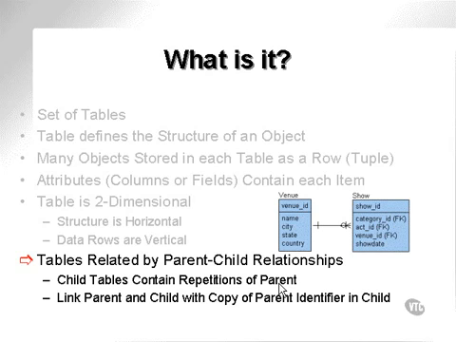The point to make at this point is that the link is maintained by storing the venue ID in the show or child table, as we can see by venue ID foreign key. What this means is that all shows for a specific venue can be accessed later on by retrieving data from both the tables at once.